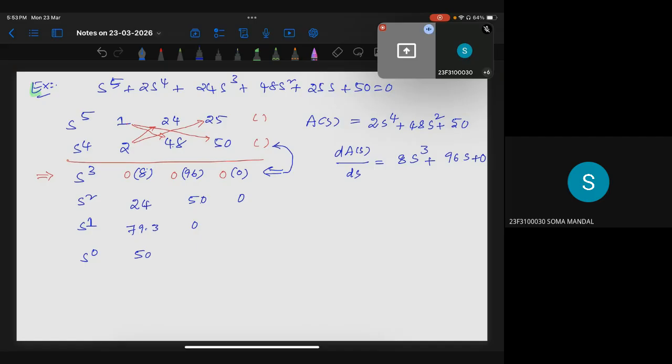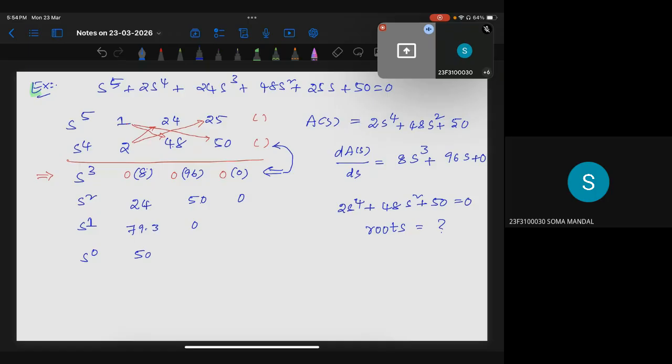So now what does it say? There are no sign changes, correct? There are no sign changes, so the system is stable. But check the auxiliary equation: 2s power 4 plus 48s square plus 50. Check the roots.